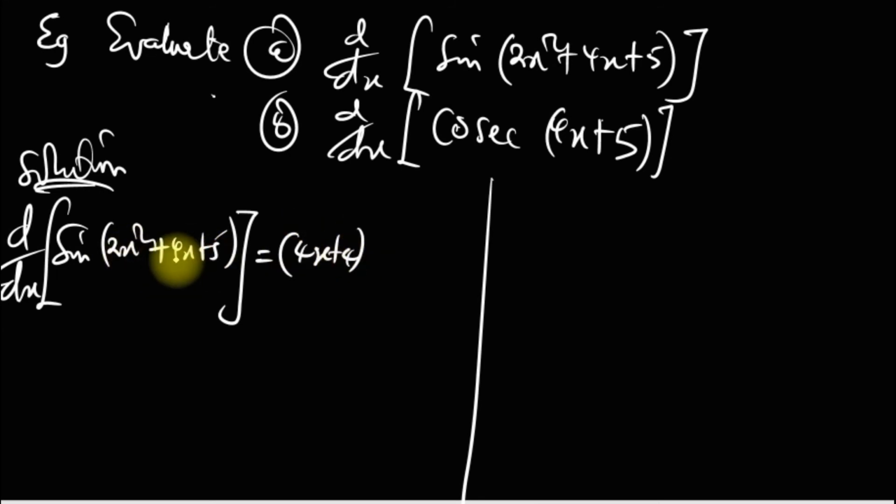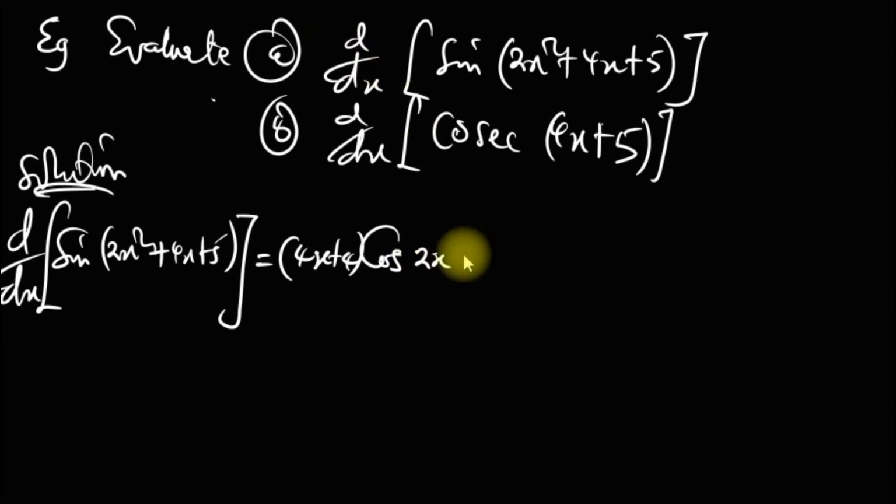So that's the derivative of the inside using power rule. Finally, the derivative of sine is cos. And remember, the original inner function is 2x squared plus 4x plus 5.